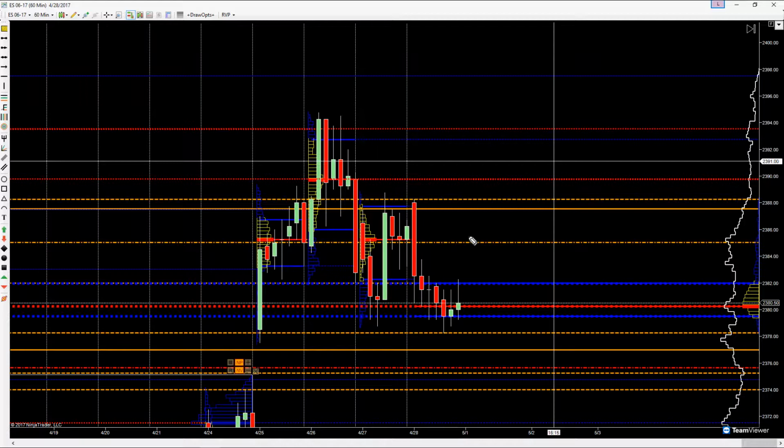Hypo 2 is going to be an open with a pullback. I don't necessarily think that it has to pull back all the way to a value area high. This pullback can stop short of that.